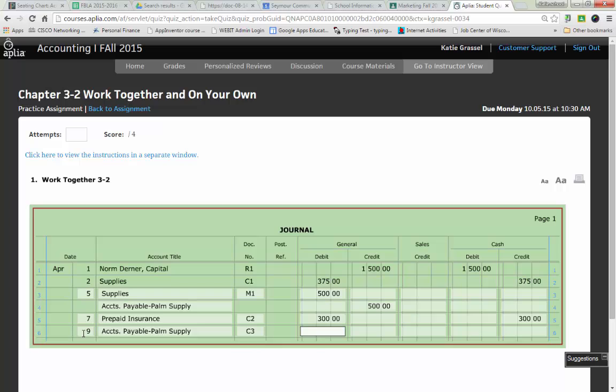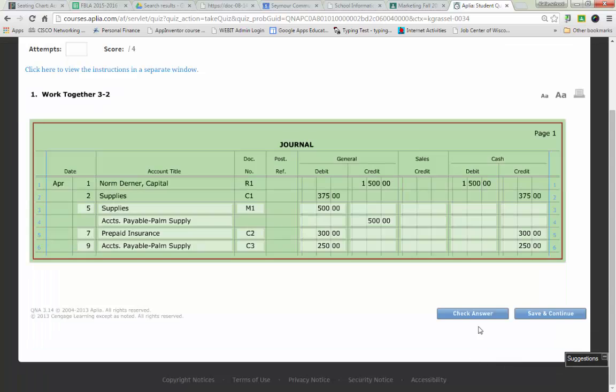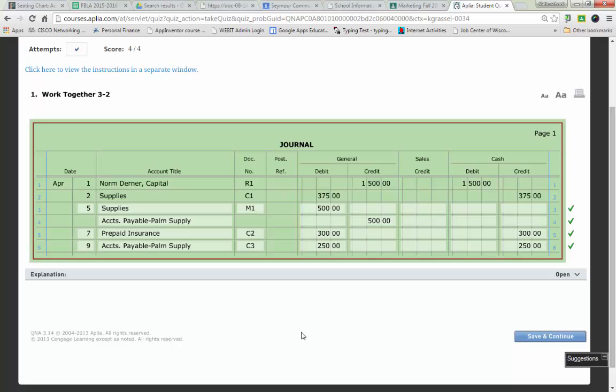What am I affecting in the general column? Yep. And then what's my credit? Okay. Go ahead and check your work on your work together.